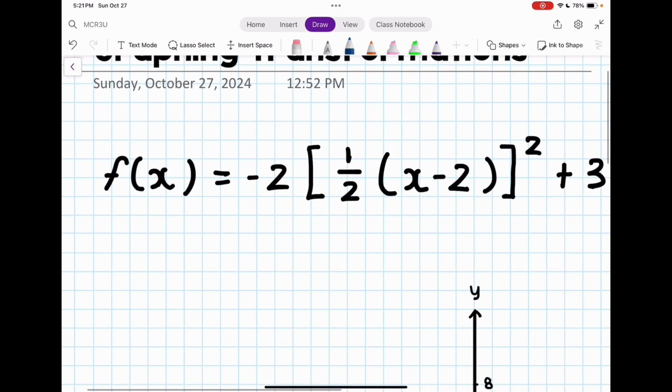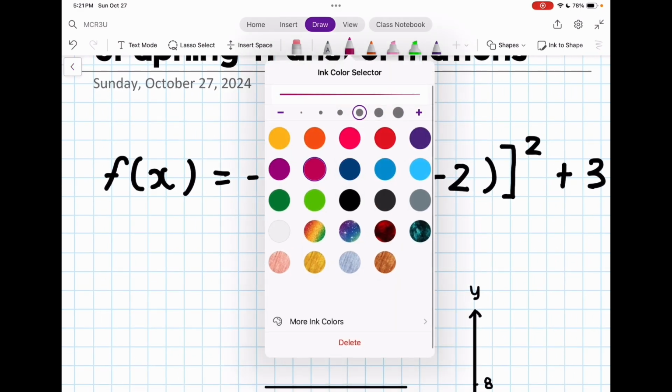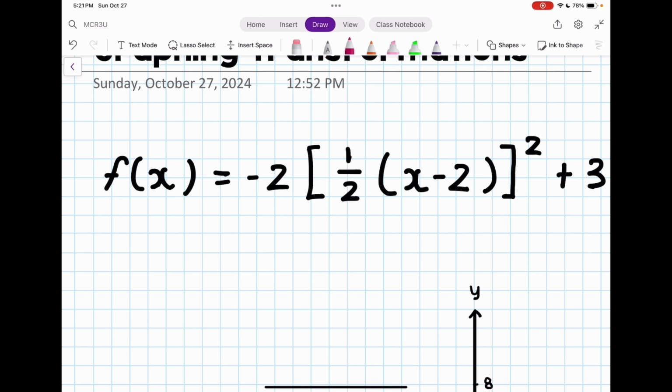Okay, so now it's important to implement your transformations in order. So the first one we are going to look at is our a value. So this is representing a vertical stretch and a reflection on the x-axis.